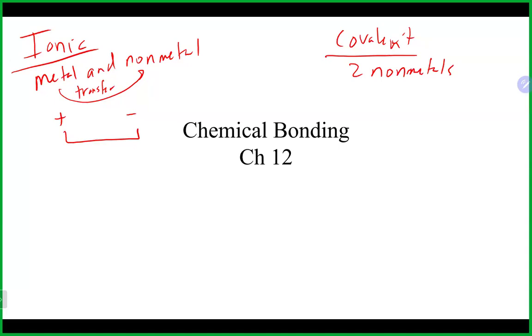So when we get two nonmetals together, we get some sharing of electrons. That's the major difference between the two types of bonding: in one there is a complete transfer of electrons from one place to the next, and in the other they share electrons.